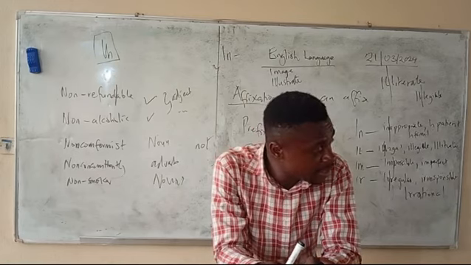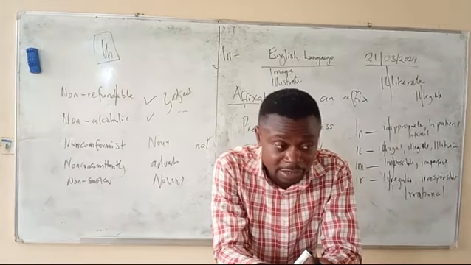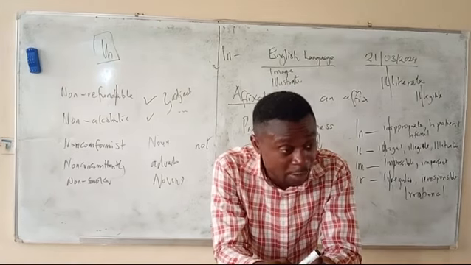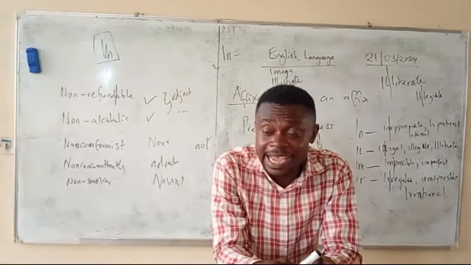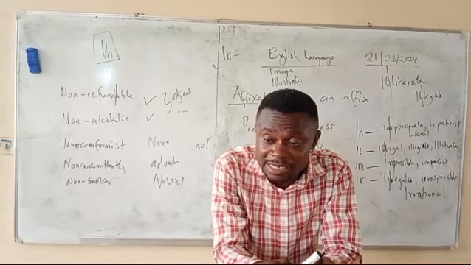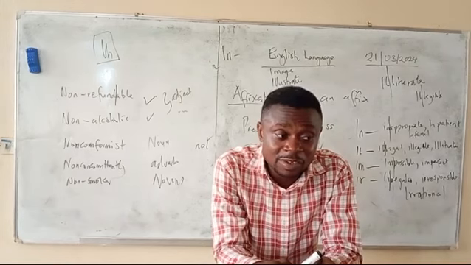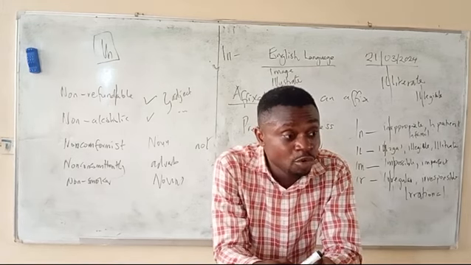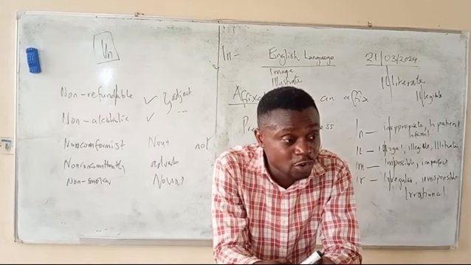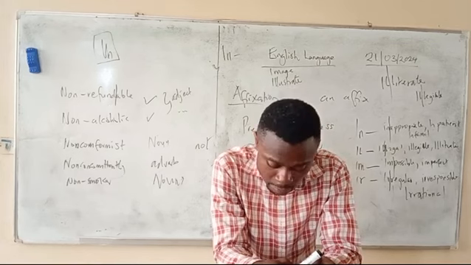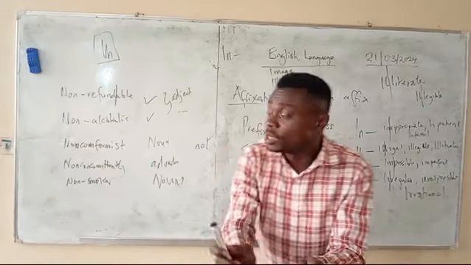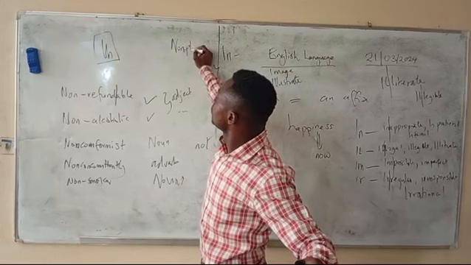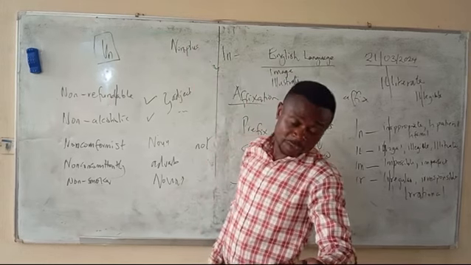I have some exceptions here. You look up their meaning. These words I want to call out, they begin with non. But do they actually have negative implication because they have non at the beginning? That's the answer you give me when you look up their meanings. Number one, nonplus.